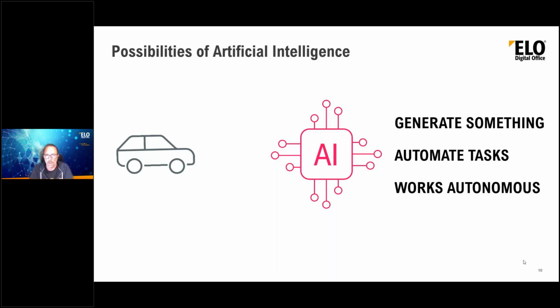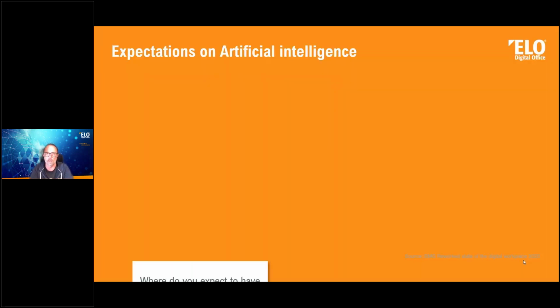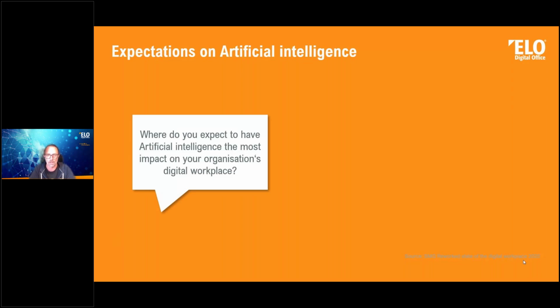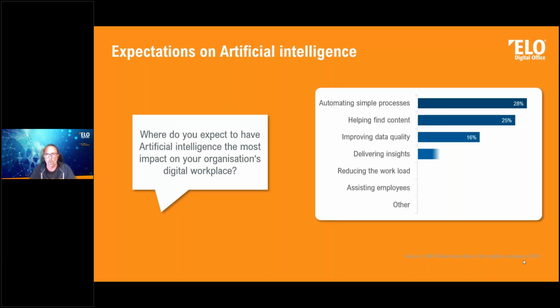And there was a survey some years ago on the expectations on artificial intelligence. Where do you expect artificial intelligence to have the most impact on your organization's digital workplace? And the answers were: 28% think it can automate simple processes. It can help you find content.